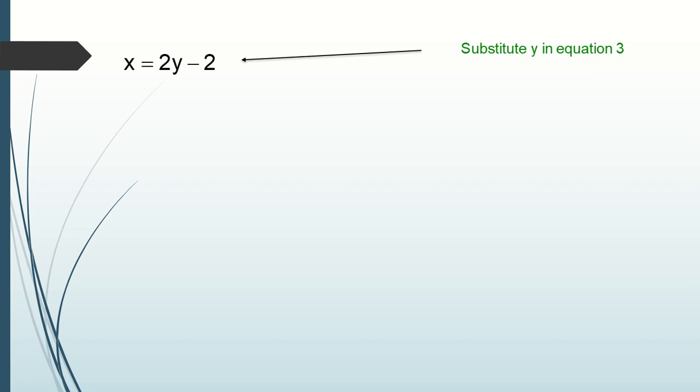And then because you have your y values, you can go back to equation 3 to substitute to get the values of x. So we substitute half here and we substitute 2 here, and we get our values of x.